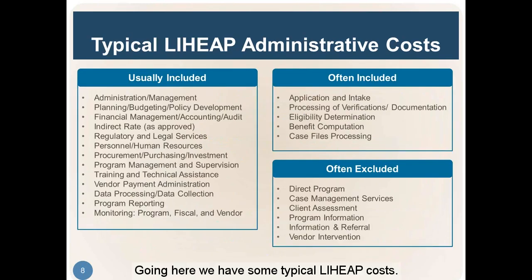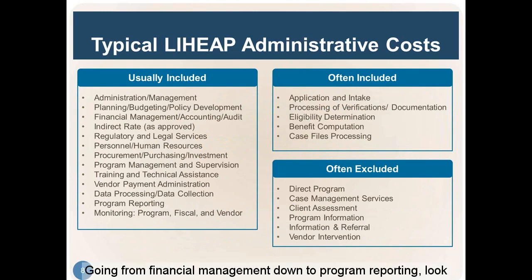And going here, we have some typical LIHEAP costs. I'm not going to go through all of them, but you can see for yourself the ones that are usually included, going from financial management down to program reporting. Look at administrative costs that are often included: application and intake, which is something we see pretty much everywhere we go.